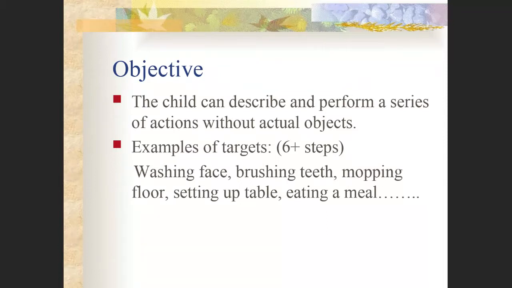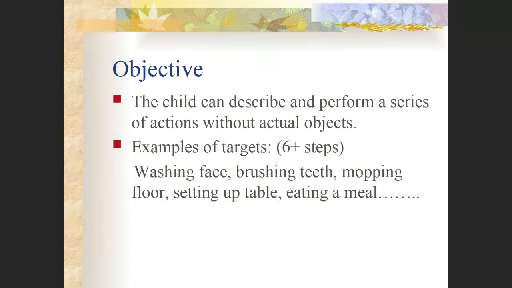In this study, the target behavior was that the child can describe and perform a series of actions without actual objects, and there are at least 6 or more steps involved in each task.